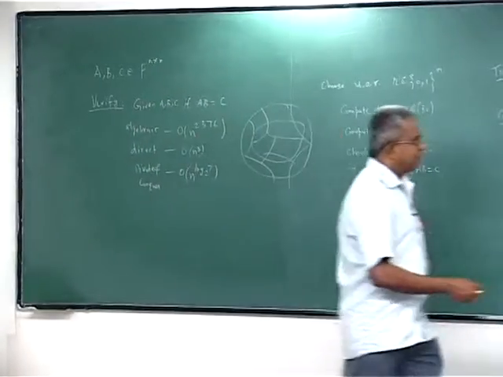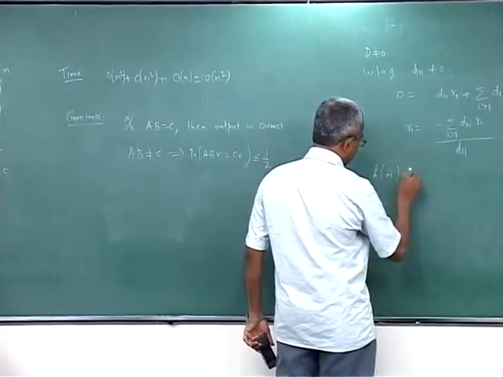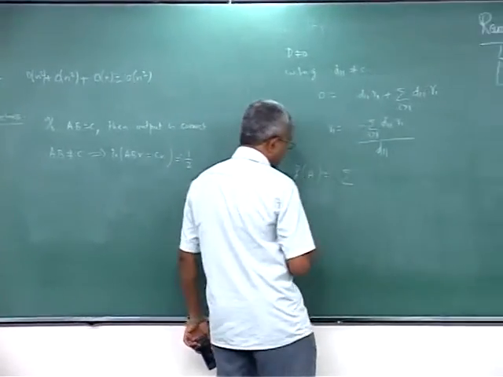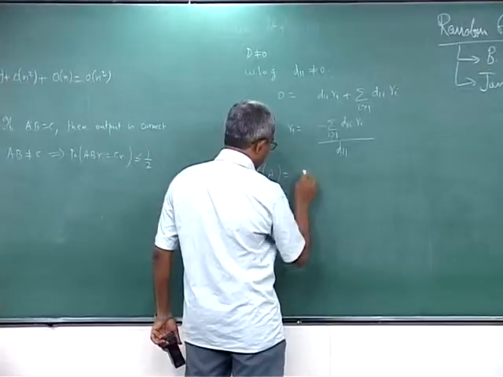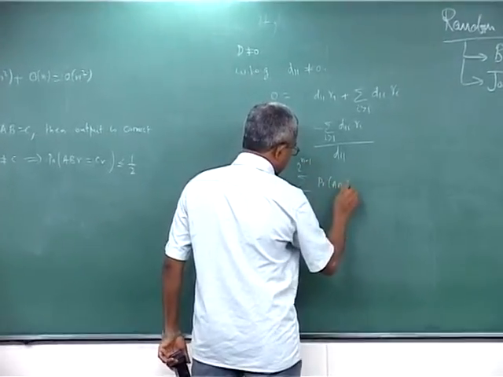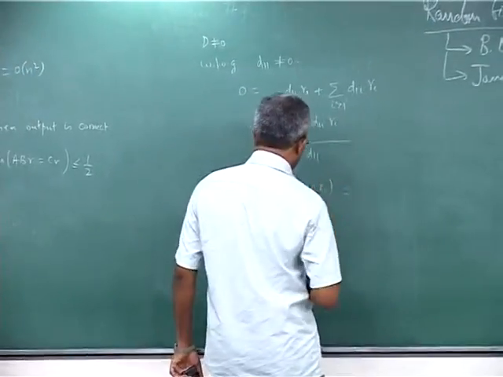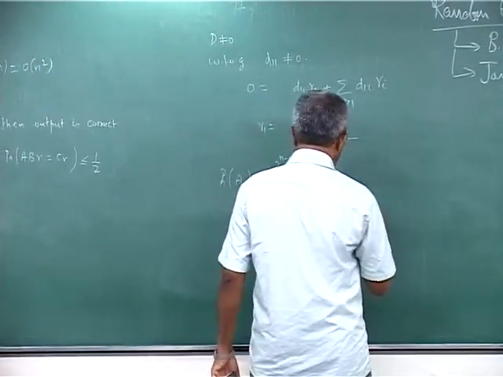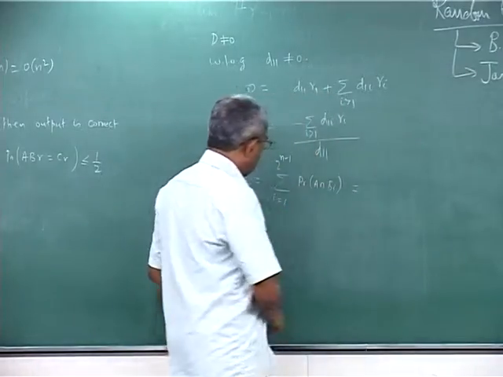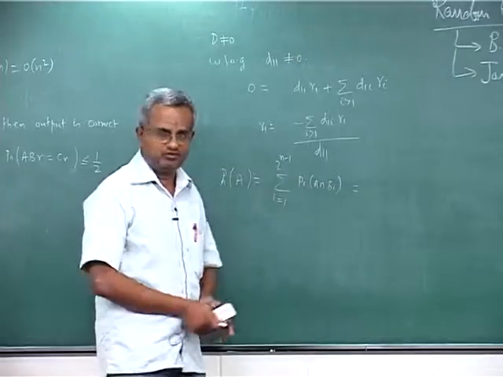Let me put it this way: the probability of A is the sum over i equals 1 to 2 power n minus 1 of the probability of A intersection Bi. B has these mutually exclusive subdivisions, and I will ignore those components for which A intersection Bi is empty, as they are not going to contribute.